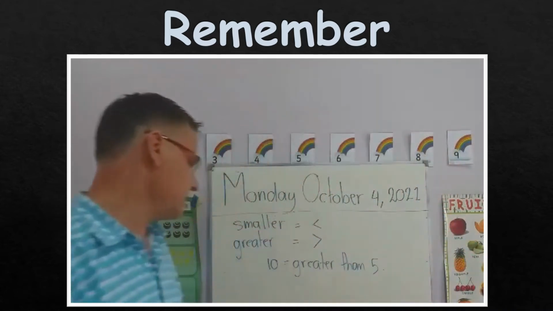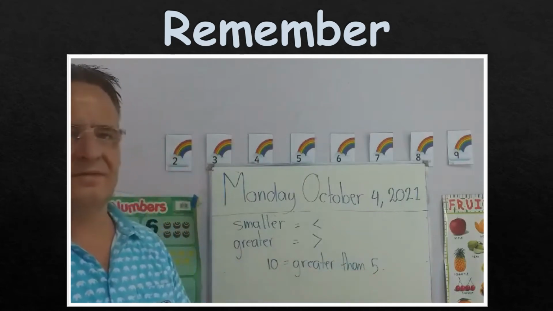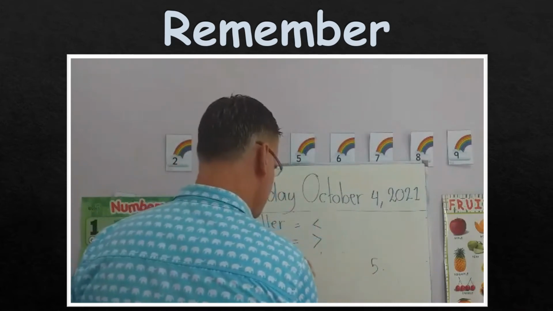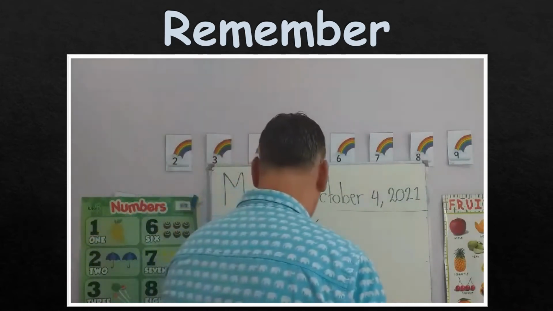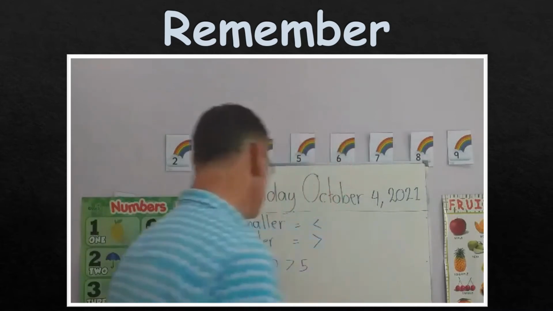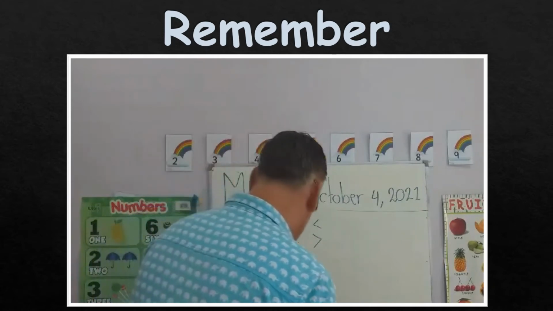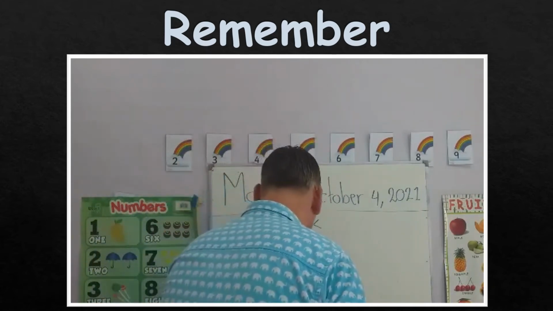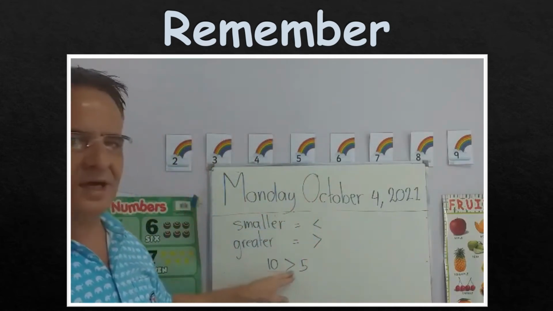You can write it like this. 10 is greater than 5. But you can also take this away and just write 10, 5. Now it looks like a 7. It's like a little arrow. You can also say 10 greater than 5.